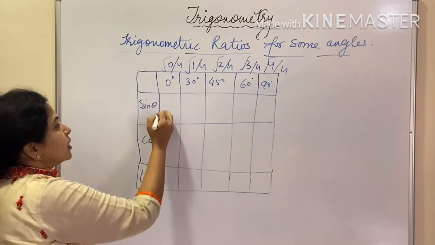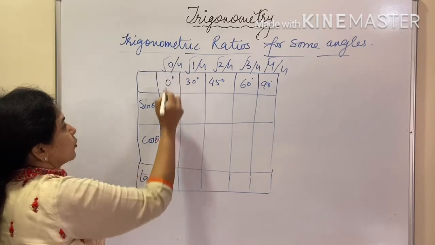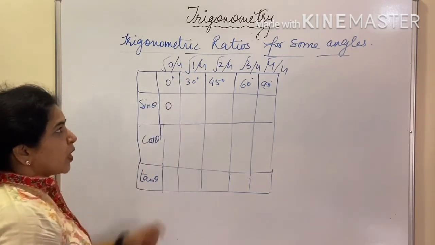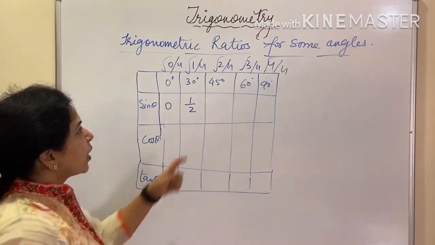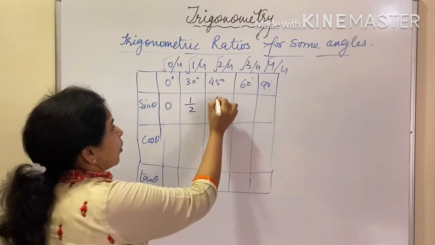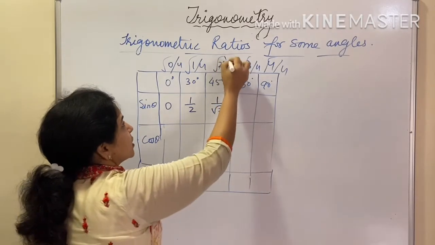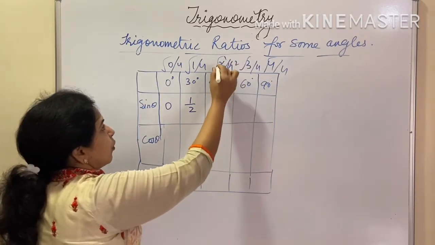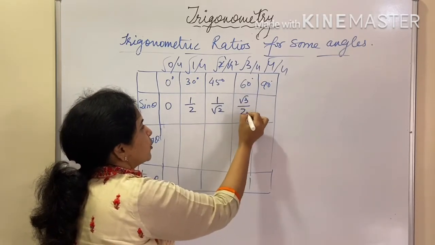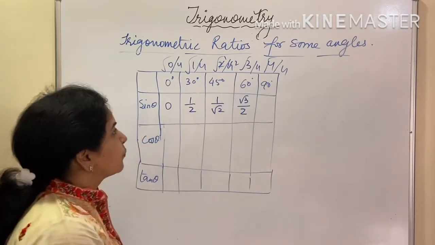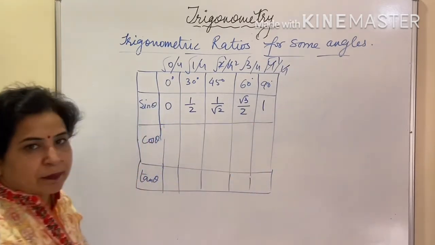Here 0 by 4 is 0, and the root of 0 is 0. 1 by 4, the square root is 1 by 2, and the square root of this is 1 upon root 2. 2 1s are 2, 2 2s are 4, so 1 by root 2, and this is root 3 by 2, square root of 4 is 2, and 4 by 4 is 1, square root of 1 is 1.